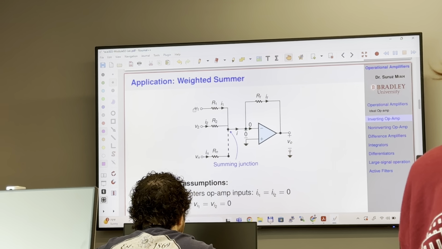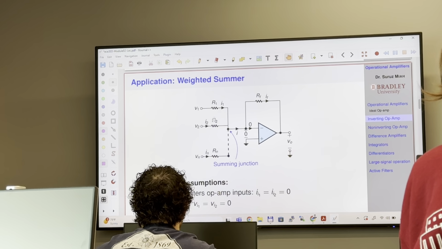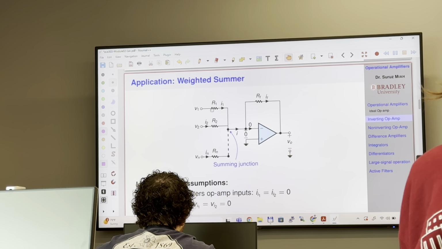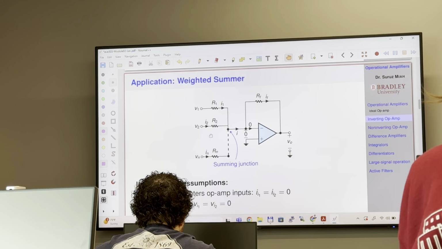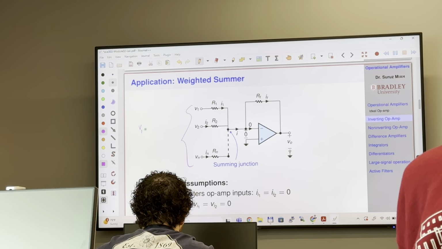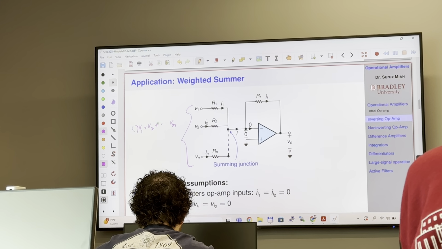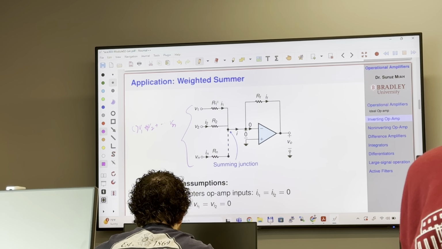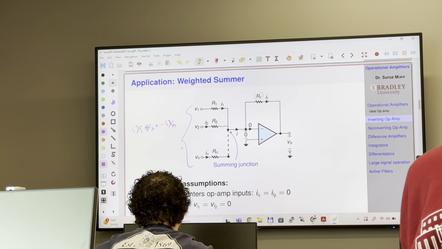Here I may give you 2 to 3 resistors. How many inputs do you have? You have V1 plus V2 plus so on, and each will be weighted by some coefficients, so it's going to be Rn over R1, some coefficients.